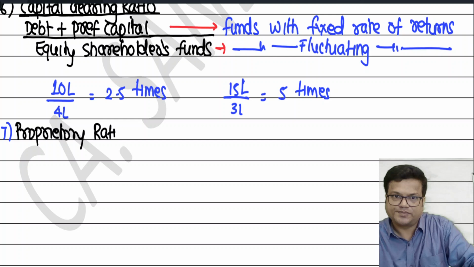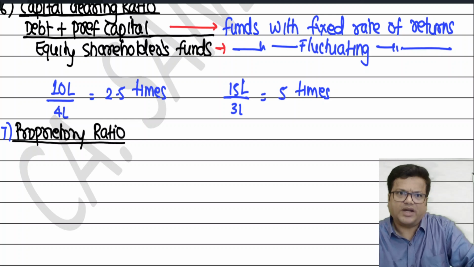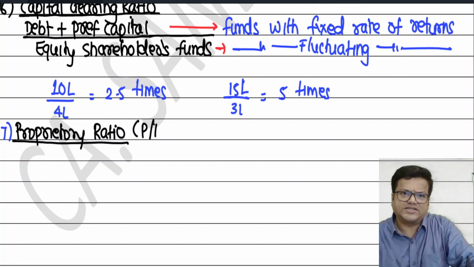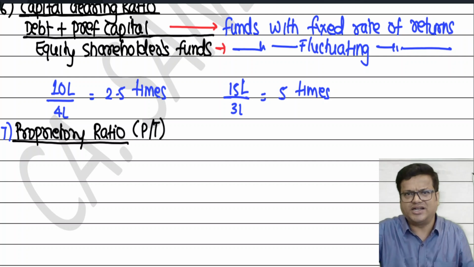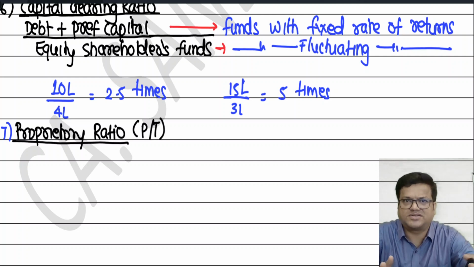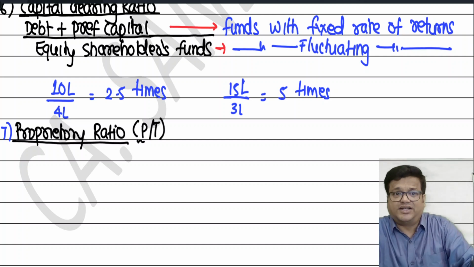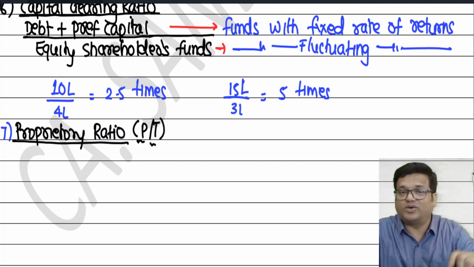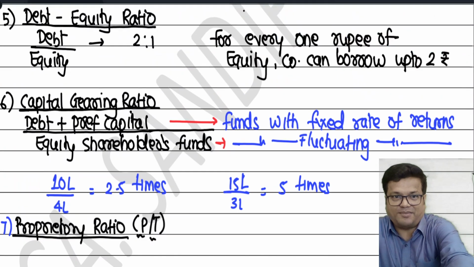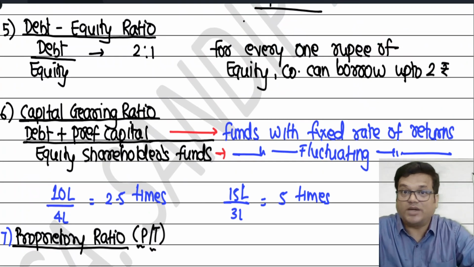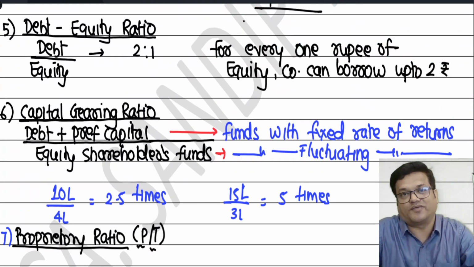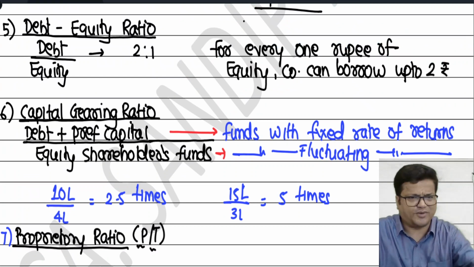proprietary ratio. Now, what I tell my students is to remember it like this: PT. Not that athlete I'm talking about, the very famous PT Usha ma'am. I'm not talking about her, but yes, it helps you remember PT. As a student, I like the debt equity ratio very much, I cannot forget it: first word debt, second word equity.